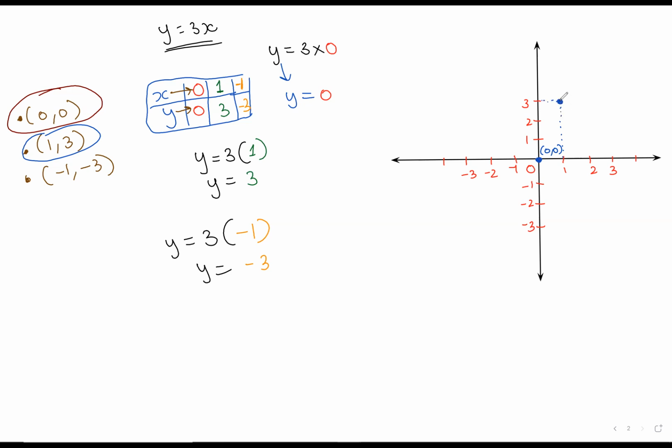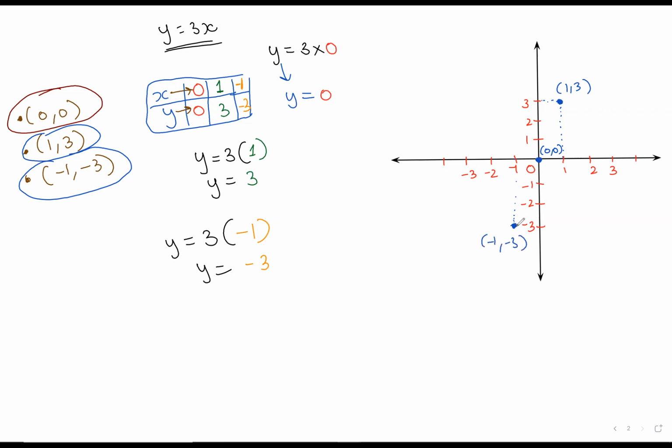So this one is 1 comma 3. Now the third point, which is minus 1 comma minus 3. Minus 1 on the x-axis is over here, and then we go down vertically to minus 3. So minus 1 comma minus 3.